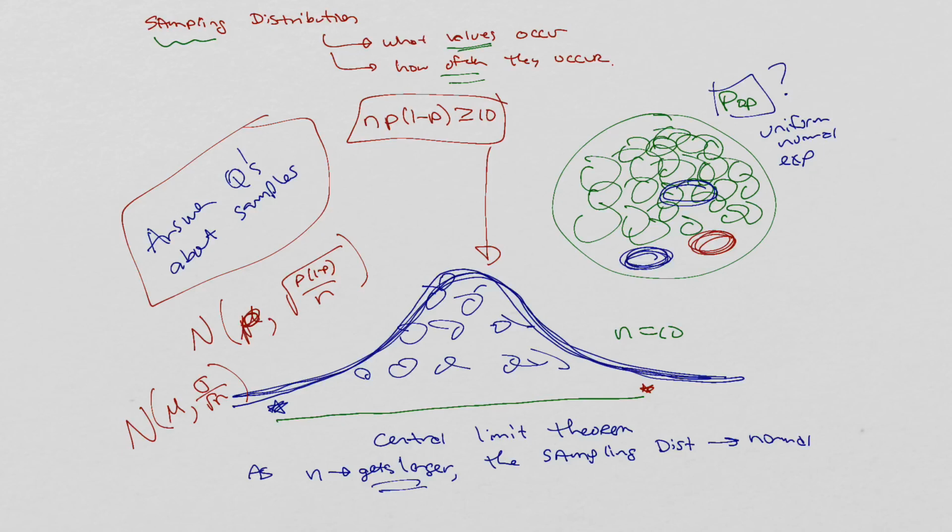So we have to read a problem. We're asking ourselves, are we talking about an individual or are we talking about a sample? If we're talking about samples, are we in the normal setting? So we can do this little check to see. Or if we already start off in a normal setting, then these samples can be any size.